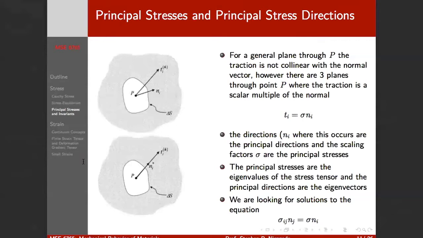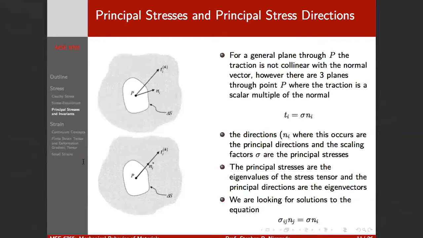So what we're saying physically is if the traction vector and the normal vector are collinear, or the traction vector is orthogonal to the cutting plane, that means that the action of the stress tensor is just scaling our normal vector. So the planes where this occurs have a unique form.